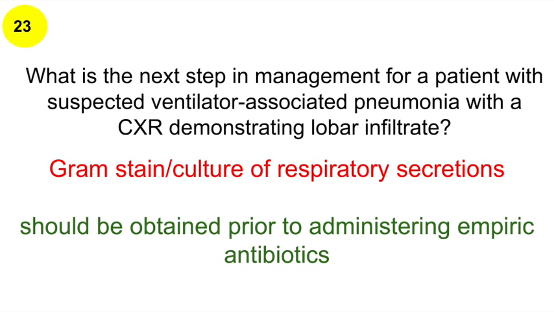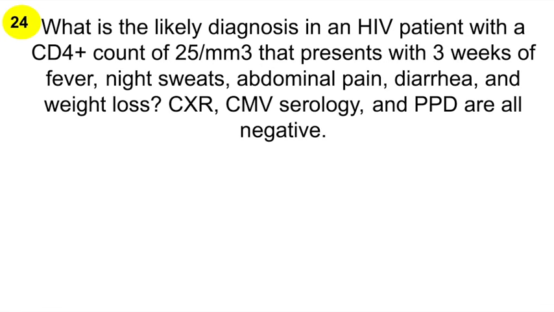What is the likely diagnosis in an HIV patient with a CD4 count of 25 that presents with 3 weeks of fever, night sweats, abdominal pain, diarrhea, and weight loss? Chest x-ray, CMV serology, and PPD are all negative.